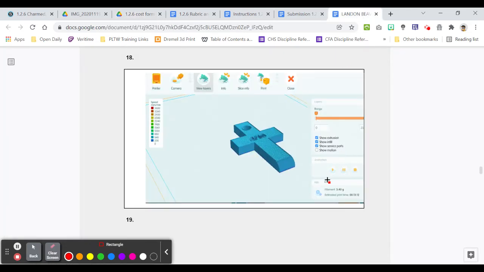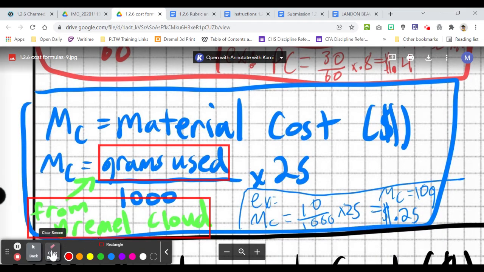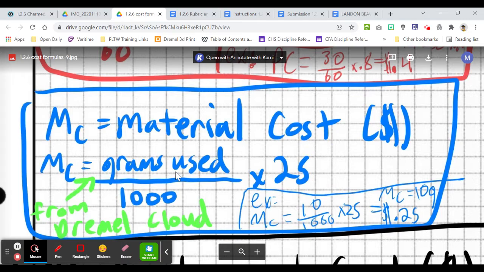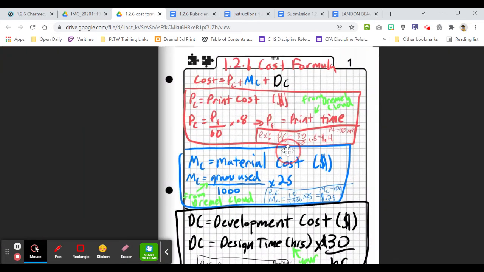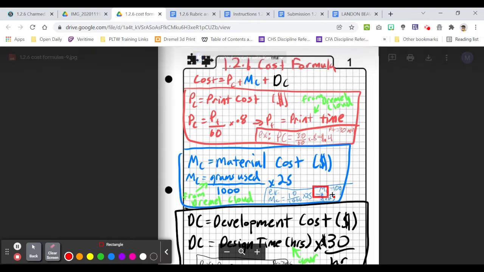Now that number is right here, the amount of filament in the print cloud. So if we take those and plug them into our formula, we'll get the cost of material. For example, if I have 10 grams of material, 10 divided by 1,000 times 25 gives me a material cost of 25 cents for using 10 grams of material. That's the cost of the filament. And then this number will go right here.